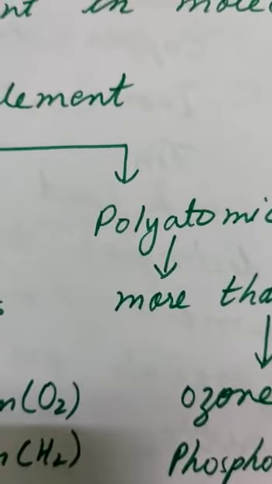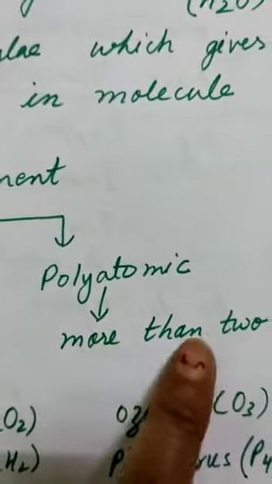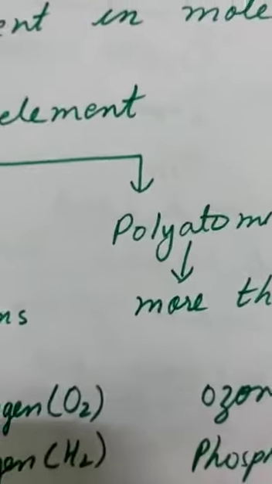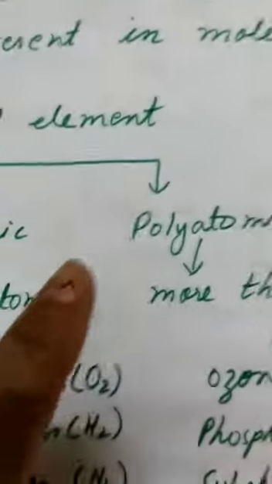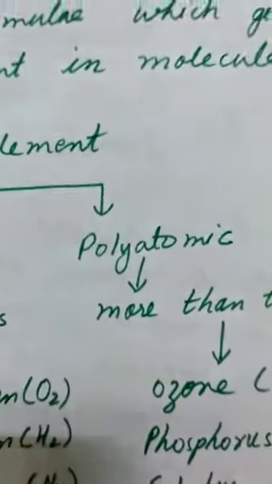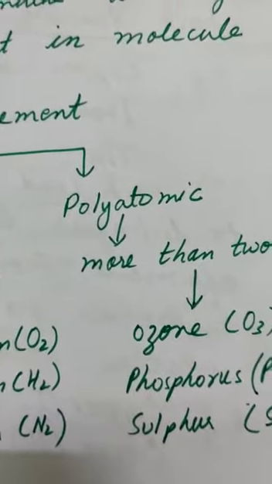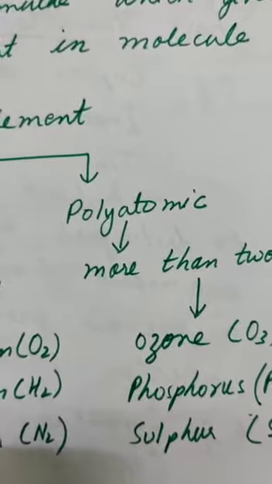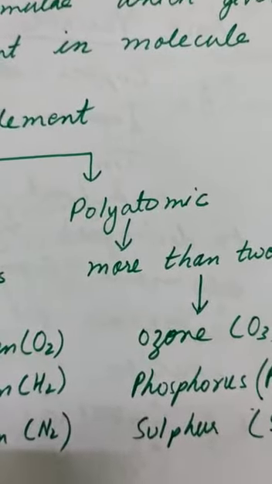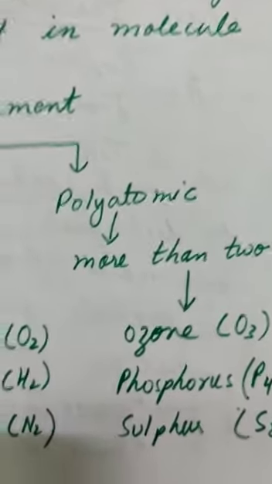Then there are polyatomic molecules. Poly means many. If a molecule contains more than two atoms, then we call it a polyatomic molecule. For example, ozone. Ozone is triatomic. It contains three atoms. Next is phosphorus, which contains four atoms, so it is tetraatomic.